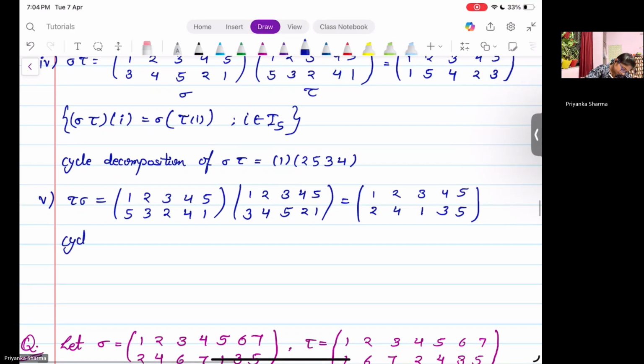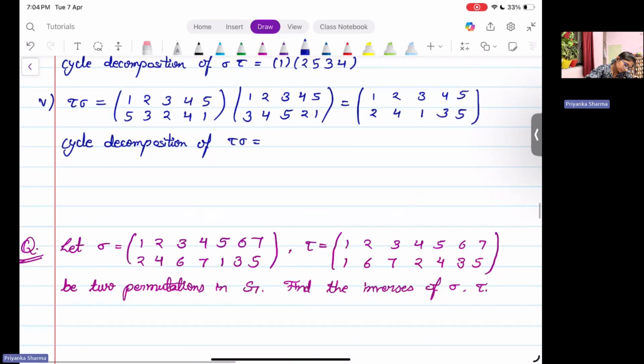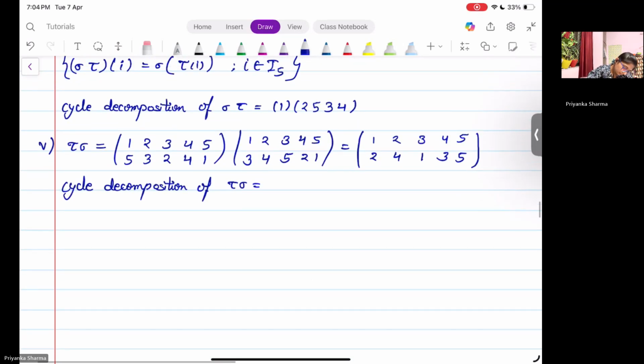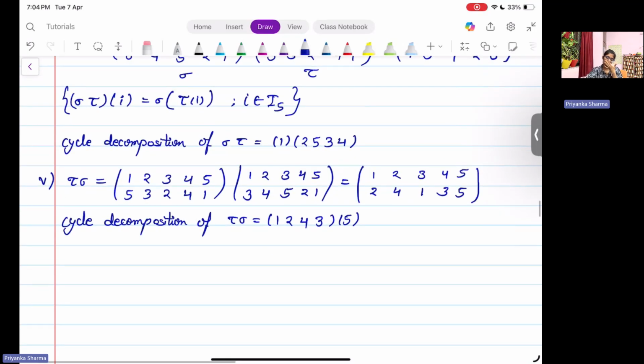So the cycle decomposition of tau sigma is 1, 2, 4, 3, and 5. Okay, so this is the cycle decomposition for tau sigma.